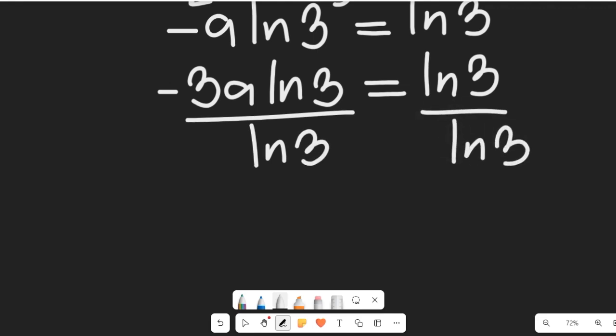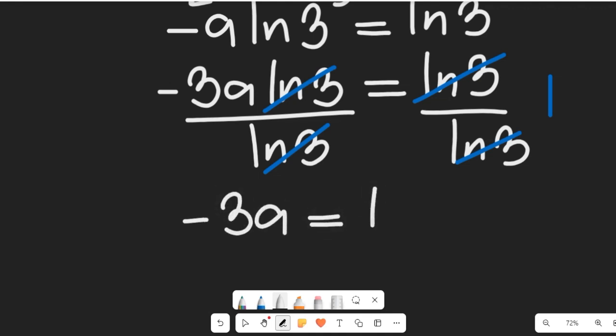Now the ln of 3 will simply cancel out the ln of 3, and this will simply give me 1, and so I'll have my negative 3a to be equal to 1.